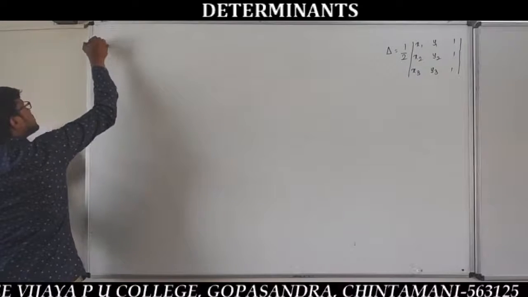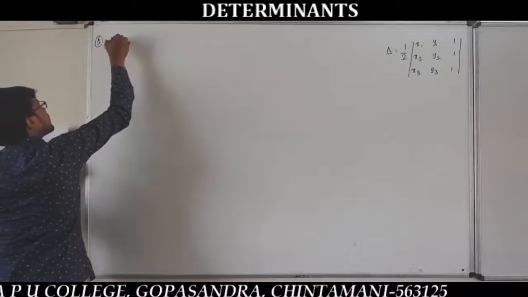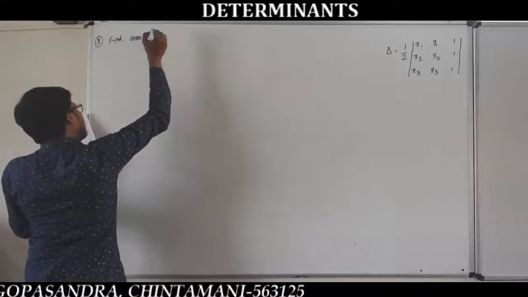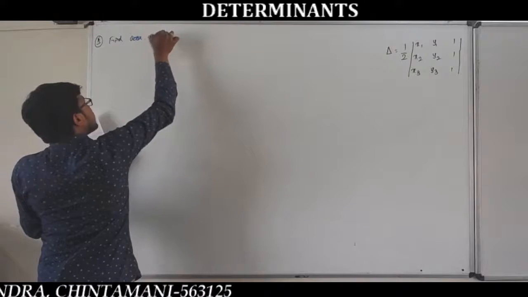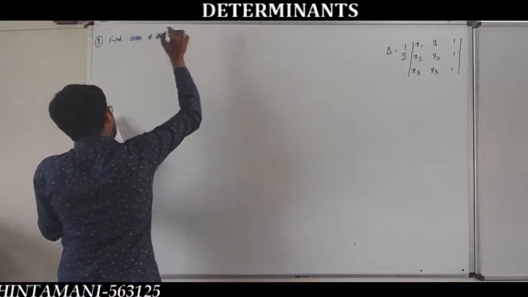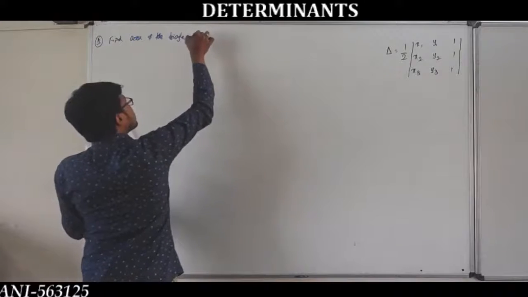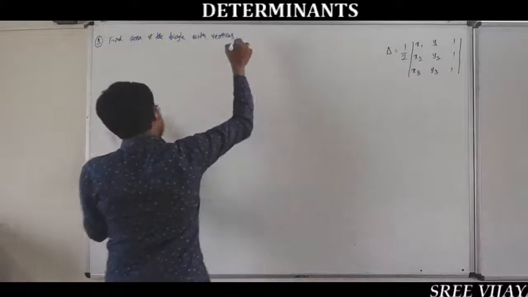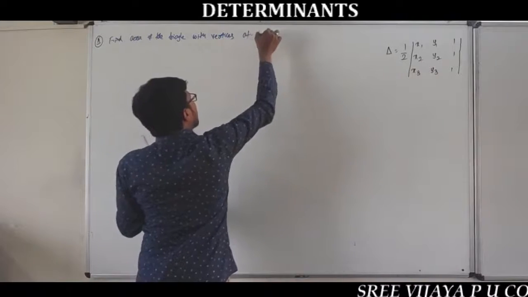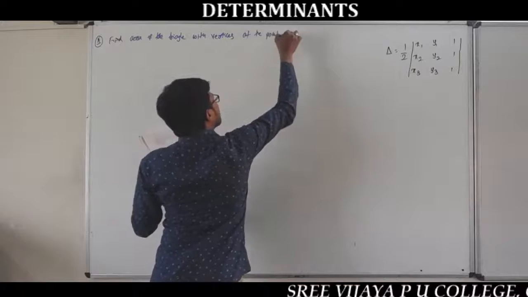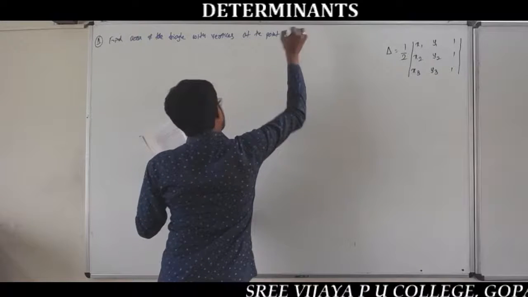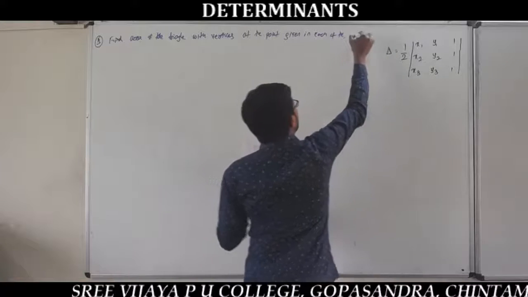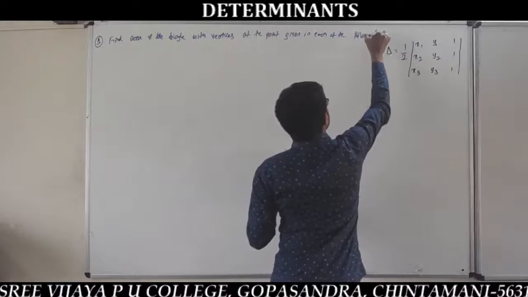So the first one is: find the area of the triangle with vertices at the points given in each of the following.